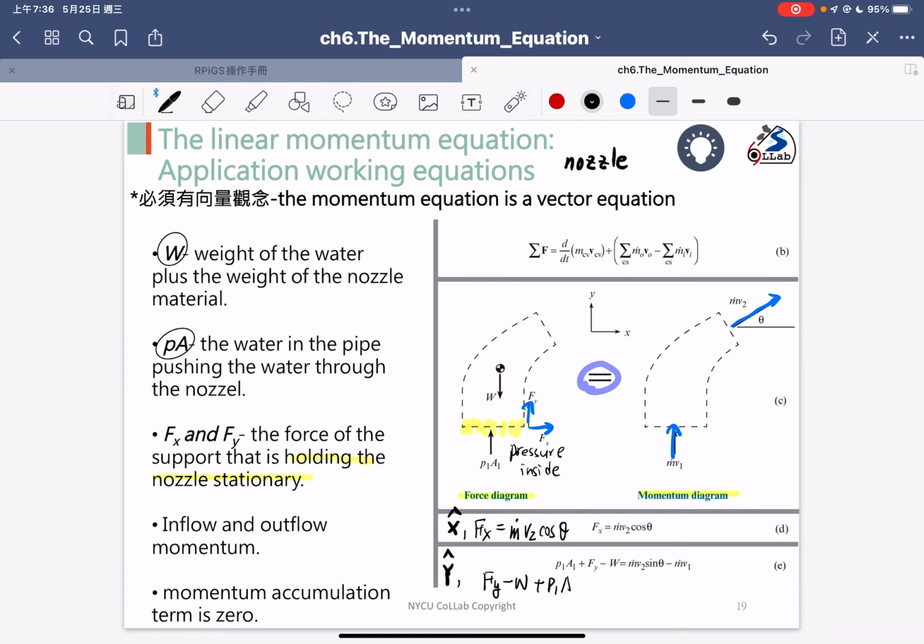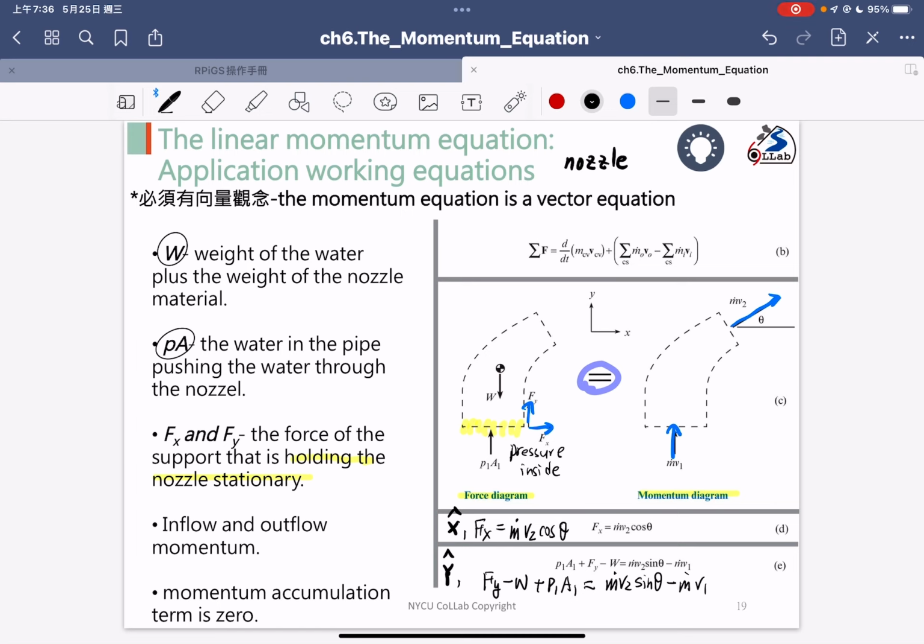P1 multiplied by A1 will equal the momentum change contributed by the outflow. So it is the mass rate times V2 times sine theta, minus the inflow rate, and the inflow is also in the upward direction. So the mass rate multiplied by V1.